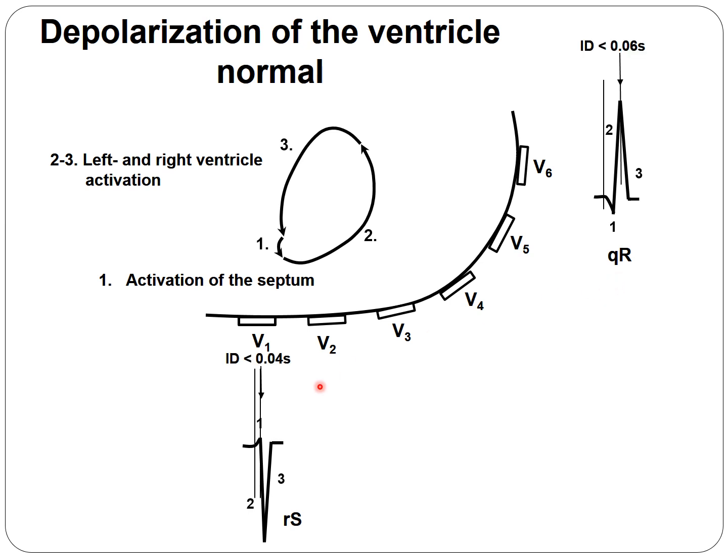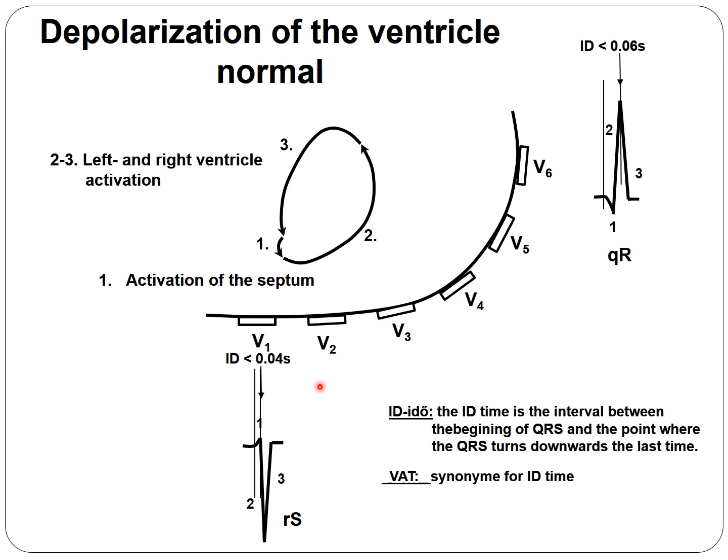Now, to determine how long it takes to activate the muscle that underlies the electrode, we introduce the ID time, or intrinsic deflection. As long as the muscle is not activated under the electrode, it's more positive compared to the depolarized area. So when the charge comes toward the electrode, we always detect positivity.